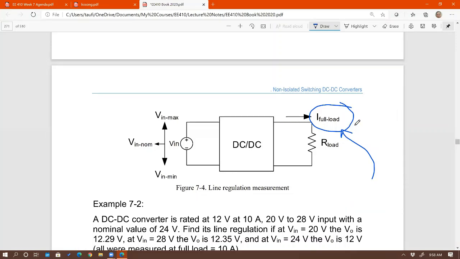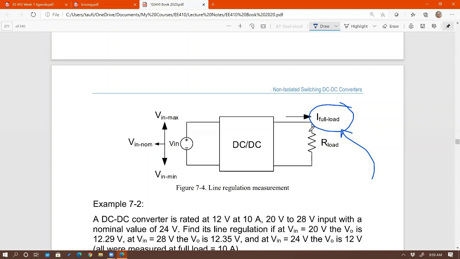Full load means 100% output current, right? I mentioned earlier that load means current. So that means 100% of the output current. You have to maintain that. And in our lab, or generally in a power electronics lab, we have what we call an electronic load that you learned already in the lab portion of the class.